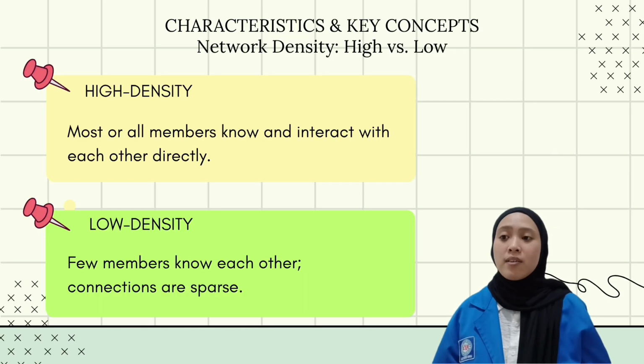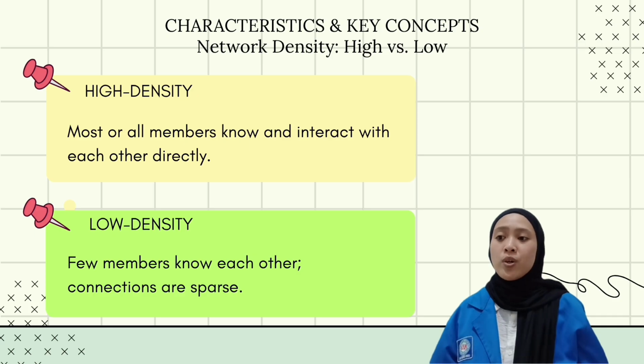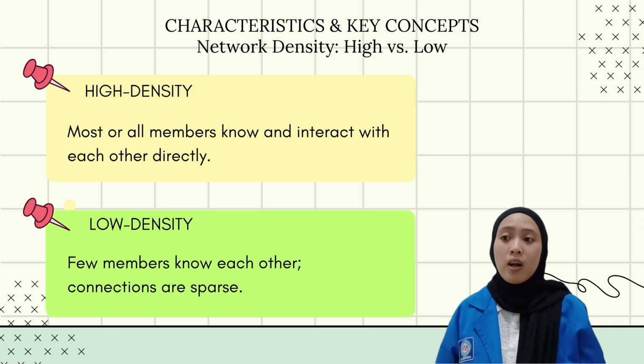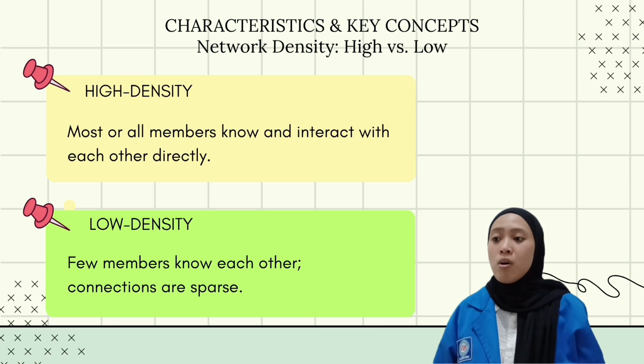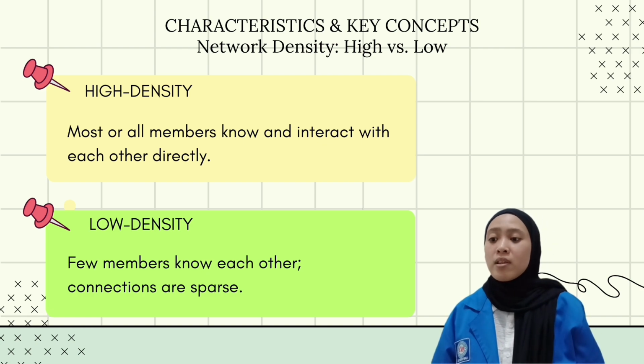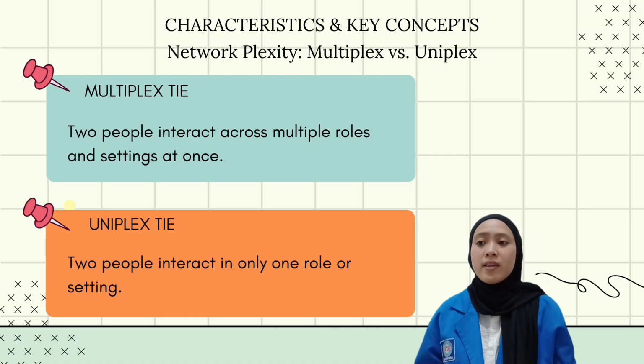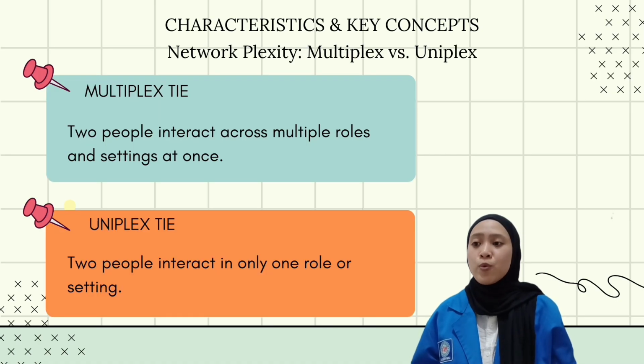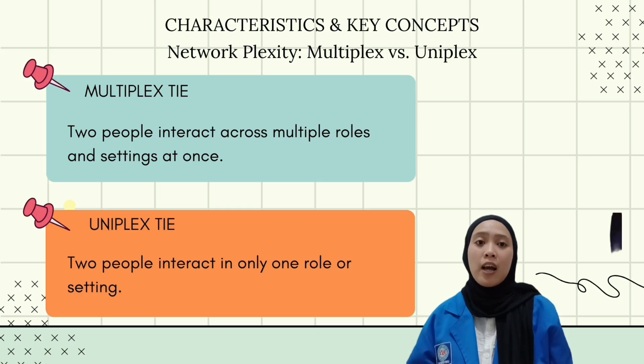These are the characteristics and key concepts. Network density, high versus low. High density: most or all members know and interact with each other directly. Low density: few members know each other; connections are sparse. Network plexity, multiplex and uniplex. Multiplex type: two people interact across multiple roles and settings at once.